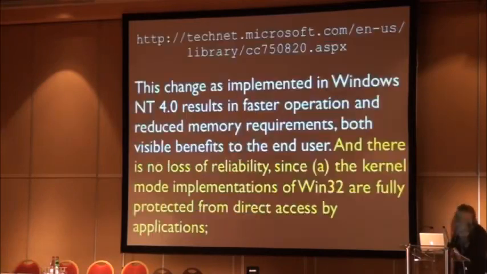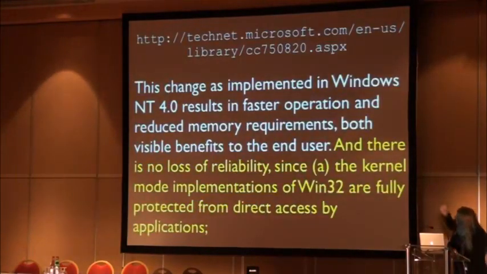But I stumbled across this document on Microsoft's website that was written back in '99 or 2000 or something like that, and the entire document was basically a rationalization for why moving the GDI layer into the kernel was a good idea. It's hilarious reading this in hindsight. It says this sort of thing over and over again in different ways.